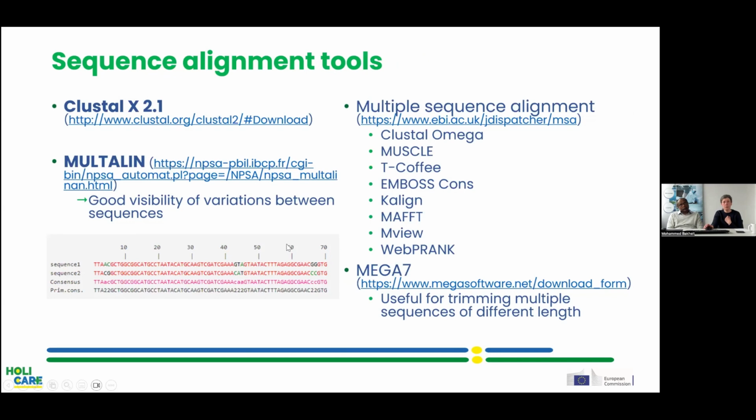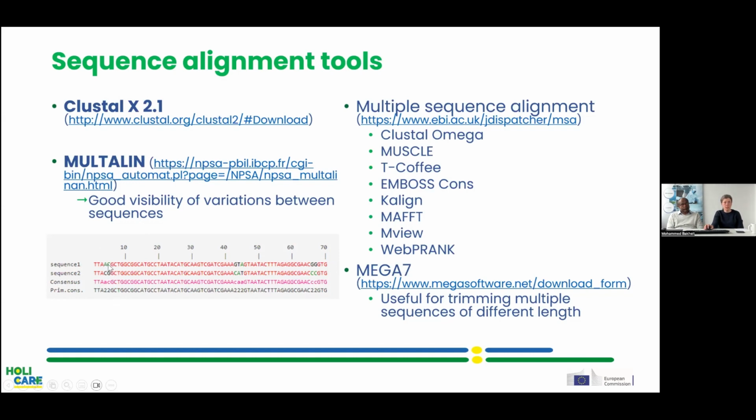To do such an alignment, there are several tools. We like to use the Clustal X tool. Mohammed is going to introduce you to this tool a little bit later. Then there's a web-based tool, the MultAlin tool. As you can see here, it gives a very good visibility of the variations between sequences.